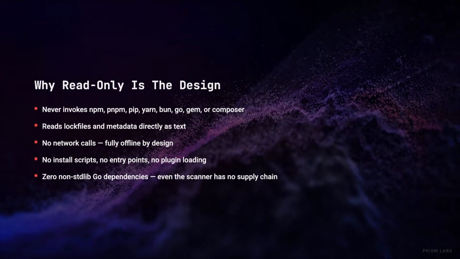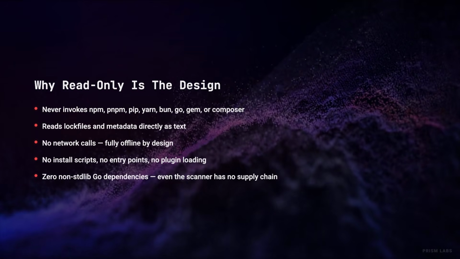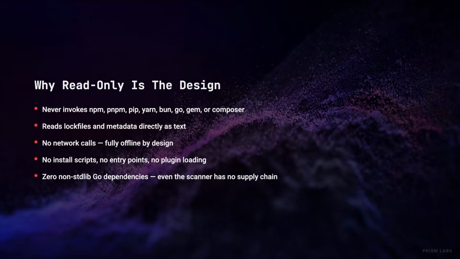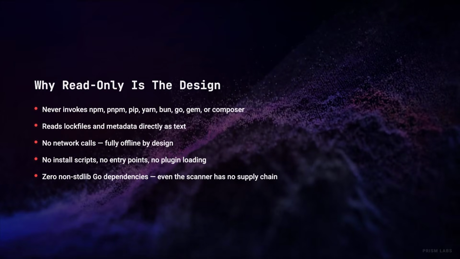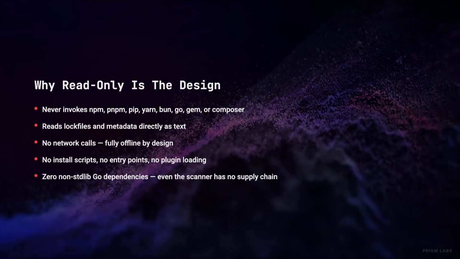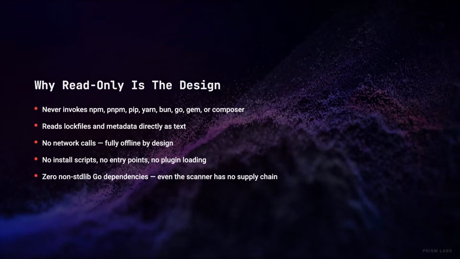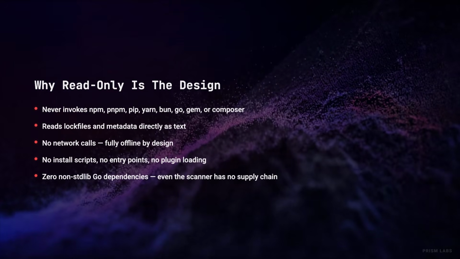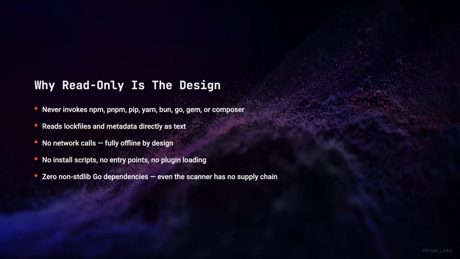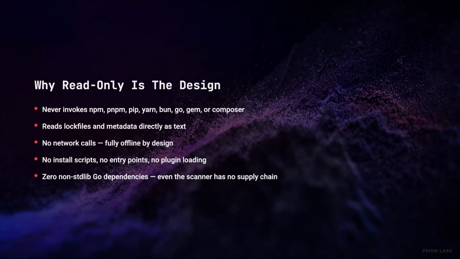Bumblebee never invokes any of that. It reads package-lock.json, pnpm-lock.yaml, uv.lock, go.sum, Gemfile.lock directly as text. Same for editor extension manifests and browser extension directories. The scan cannot be weaponized because there is nothing executable in the path from disk read to NDJSON output.